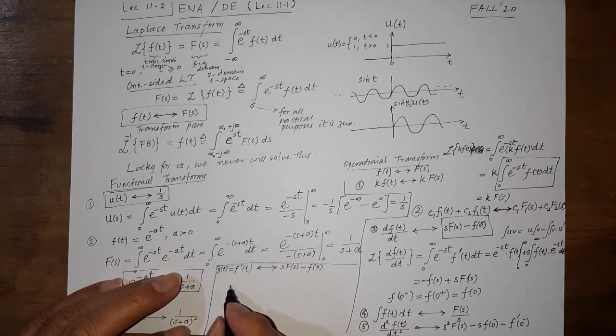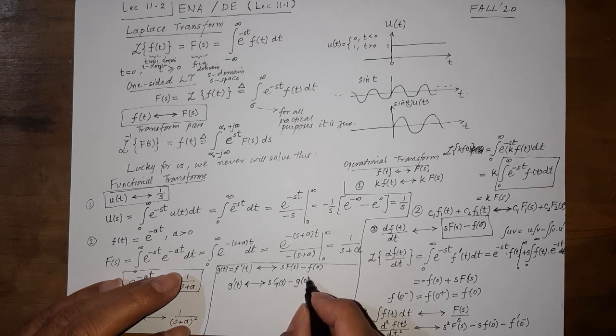So what is going to be the transform of the derivative of g of t, which in fact will become the second derivative of f of t? The transform of the derivative of a function g of t is going to be s G of s minus g at 0. Now what is G of s?